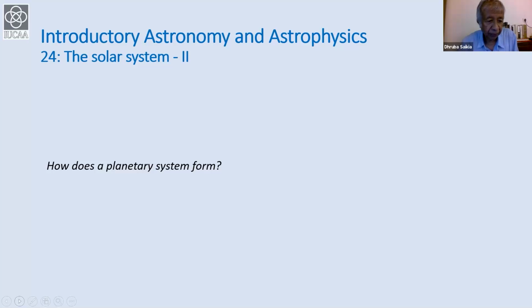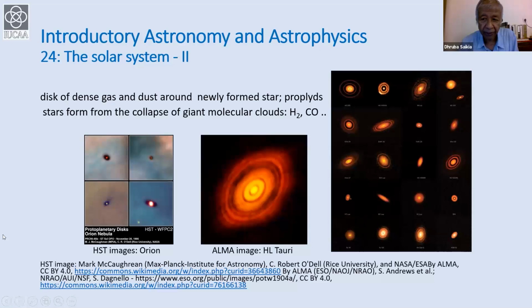Now, just a very brief discussion on planetary formation. We'll probably discuss this a little bit more when we come to discussing star formation. But we have discussed this and alluded to it at various points of time, that stars form in giant molecular clouds when they collapse. And due to the angular momentum in the collapsing component of the cloud, it will form a disk.